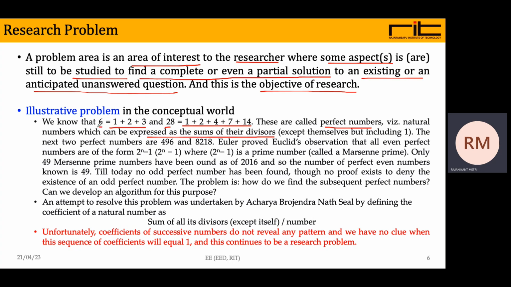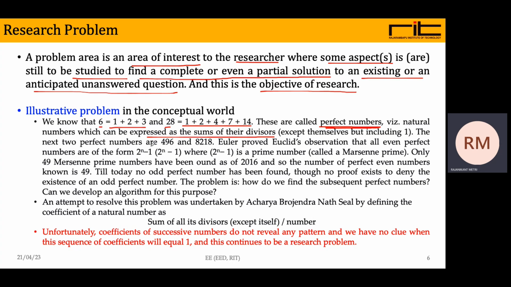Also 1 is a divisor of 6, 2 is also a divisor of 6, 3 is also a divisor of 6. Similarly for 28, the sum of all these five numbers is 28, and these are also the divisors of 28 except 28 itself. So that's why these are known as perfect numbers.